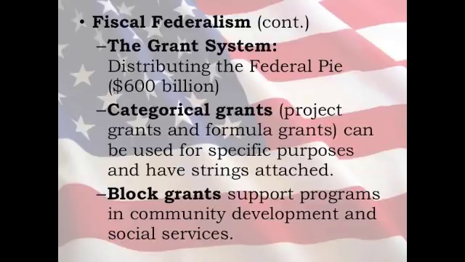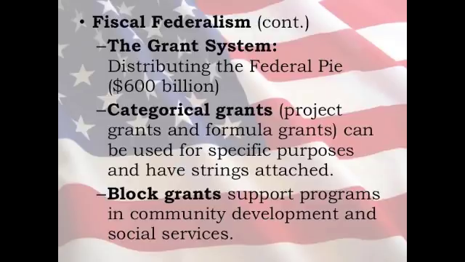Complaints about the cumbersome paperwork and the numerous federal requirements attached to categorical grants led to the adoption of block grants. Congress implemented block grants to support broad programs in areas such as community development and social services.